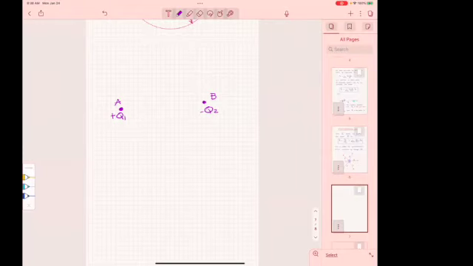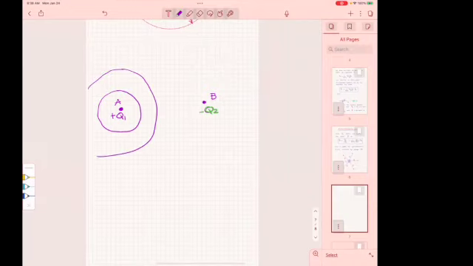Don't you agree? So one field, for example, the purple one, let me use another color, it's going to be Q2. The purple one is going to go like this, in this direction.